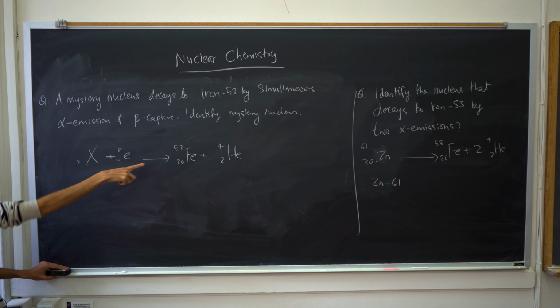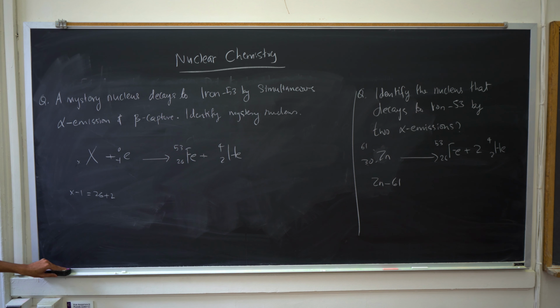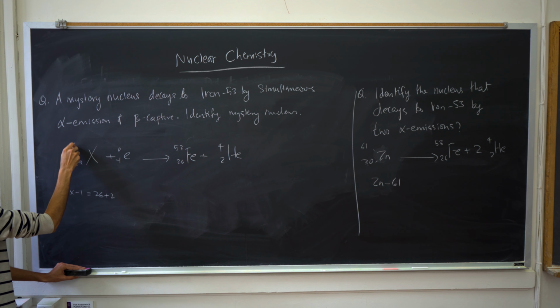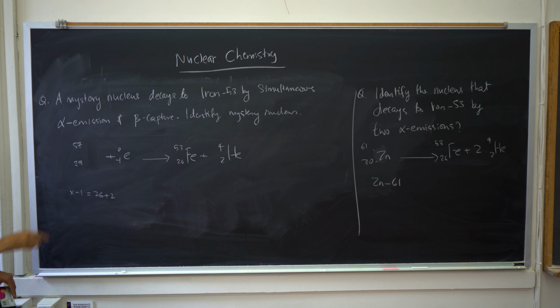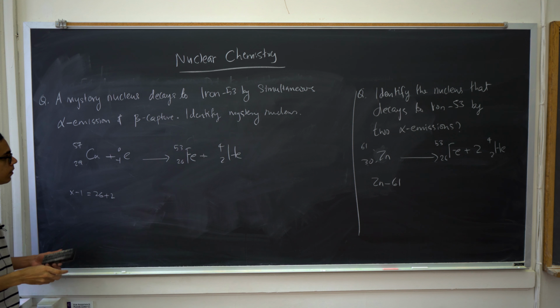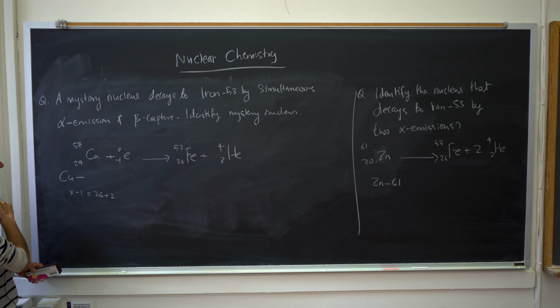X minus 1 should be equal to 26 plus 2. Will give you 29. Great. And the top number? 57. What element are we talking about? Copper. So the mystery nucleus is copper 57, exactly.